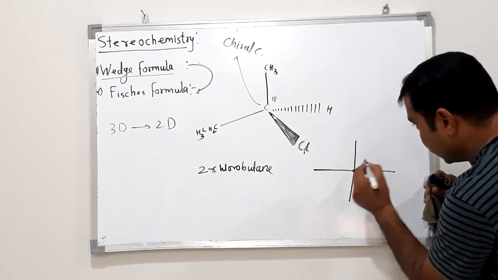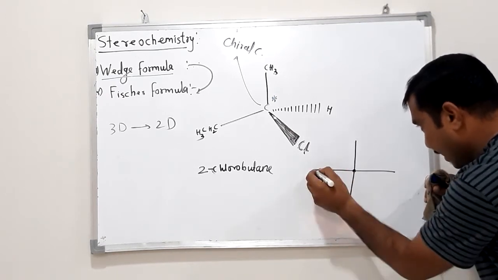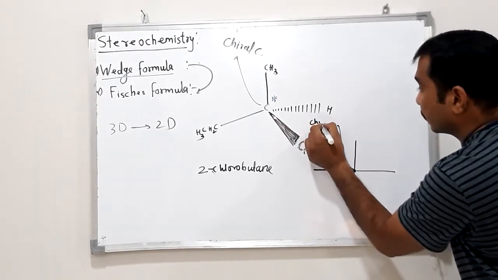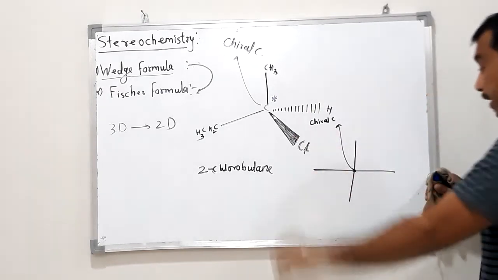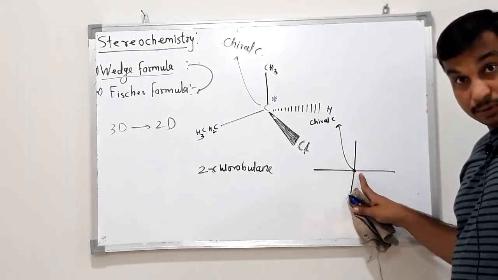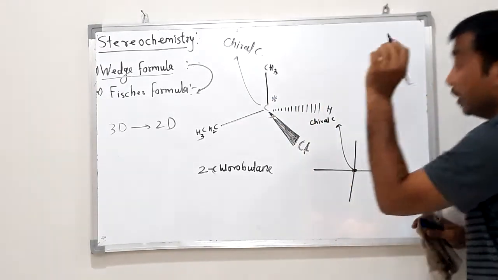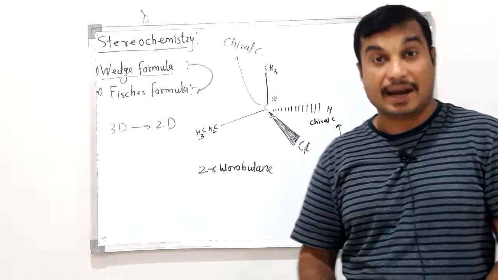The intercept of the vertical line and the horizontal line is nothing but this chiral carbon. No need to write or mention carbon; this point itself represents the chiral carbon atom.